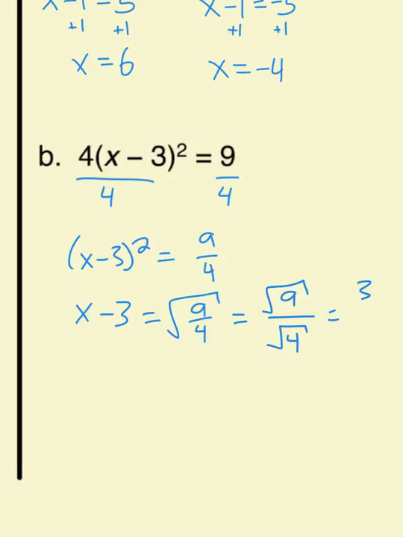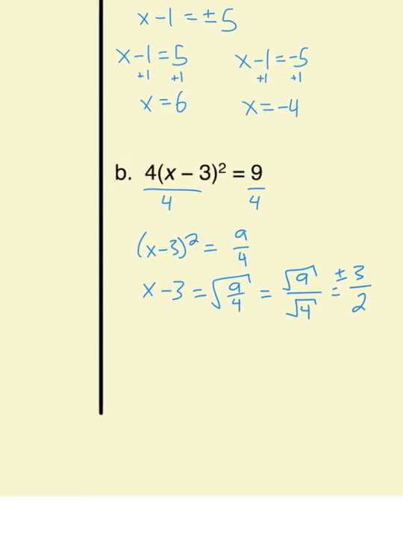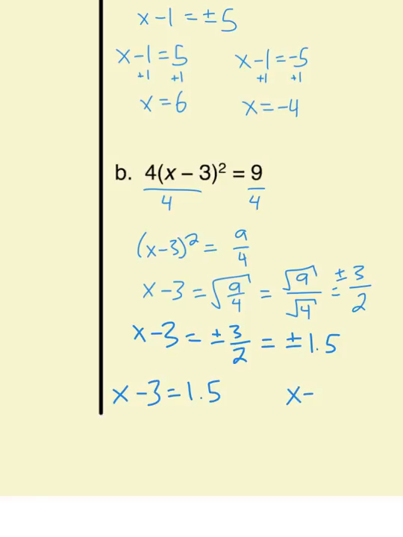Square root of 9 is 3, square root of 4 is 2, so this is going to be positive or negative 3/2. And now I have x minus 3 equals positive or negative 3/2, which we're actually going to write as 1.5. It'll make our lives a little bit easier. So now I have two equations, if x minus 3 is positive 1.5, or if x minus 3 is negative 1.5.